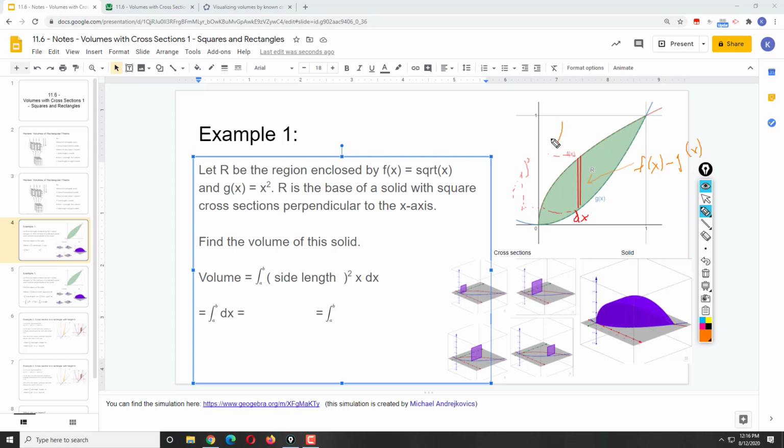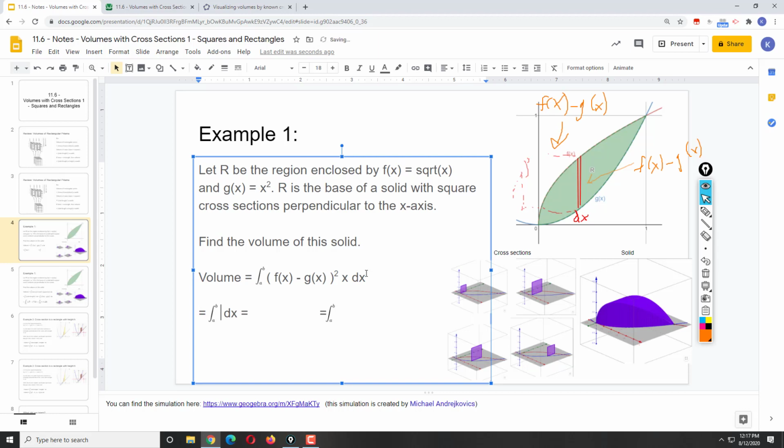So the side and the height is also a square, so the height is the same. It's also f of x minus g of x. So the side length is f of x minus g of x, and the volume is going to be f of x minus g of x, the whole thing squared, times dx, and we integrate it from 0 to 1. A is 0 and b is 1 for this problem.